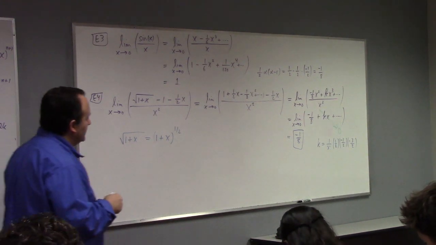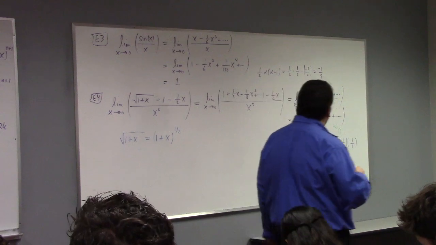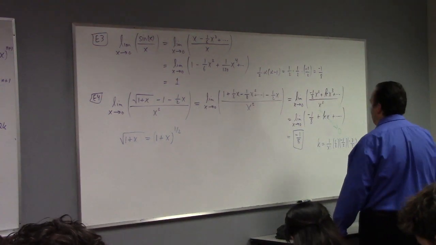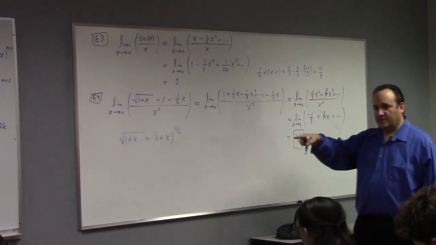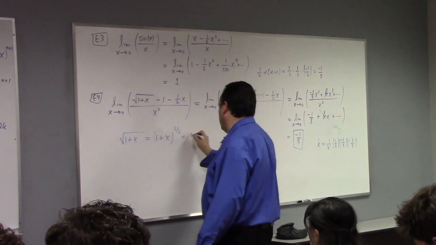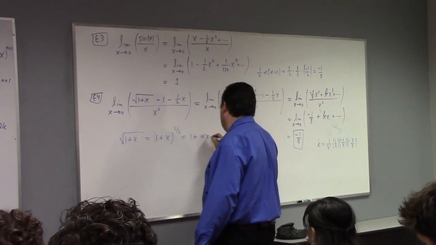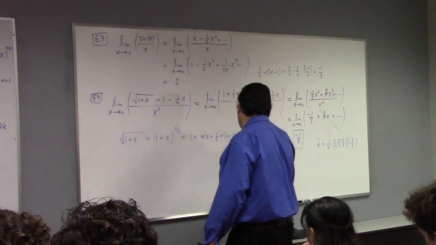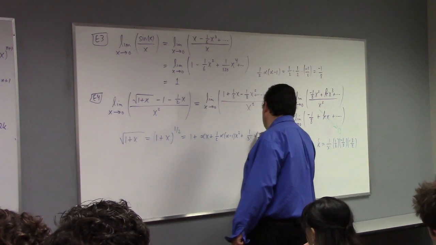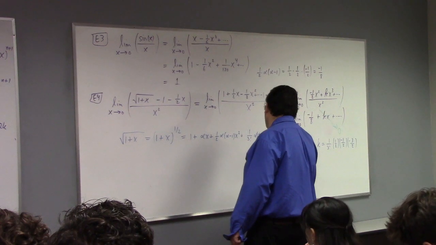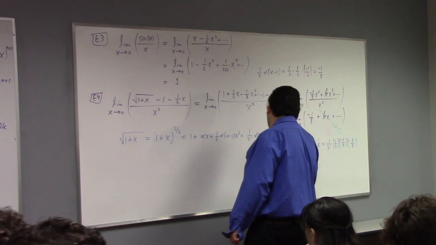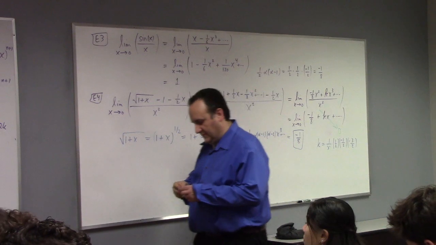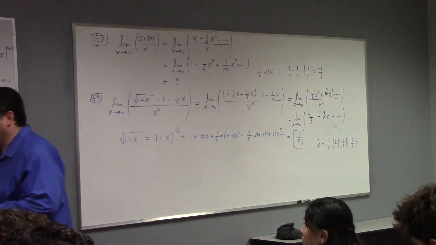Where did the x cubed come from? That's the next thing in the binomial series. It's 1 plus alpha x plus 1/2 alpha times alpha minus 1 x squared plus 1 over 3 factorial alpha times alpha minus 1 times alpha minus 2, x cubed, and so forth and so on. So it was just that there.